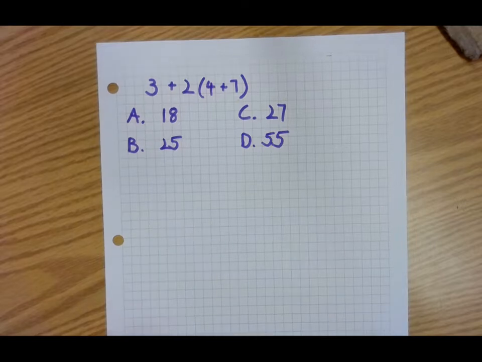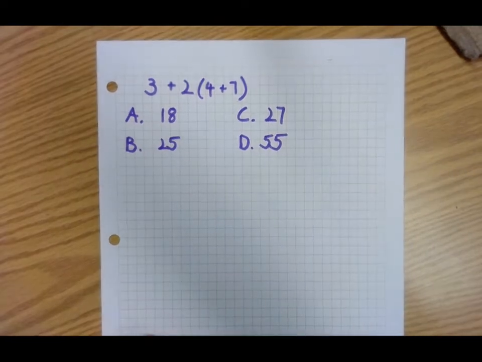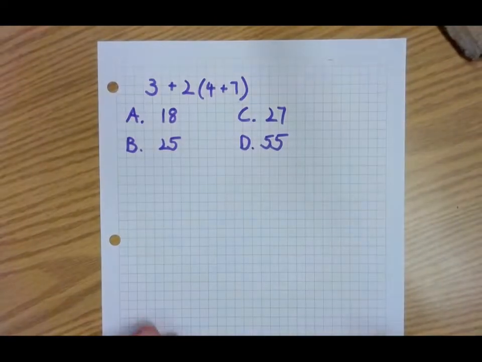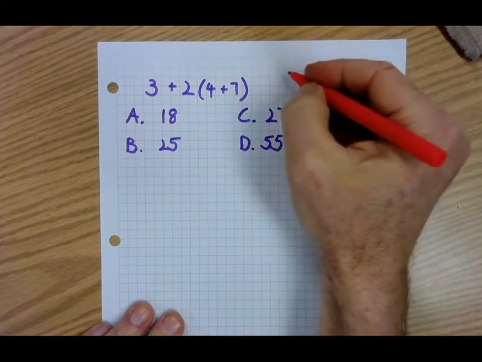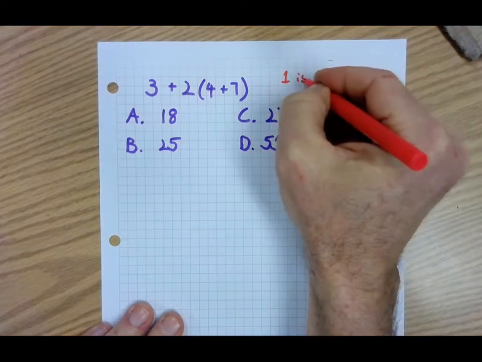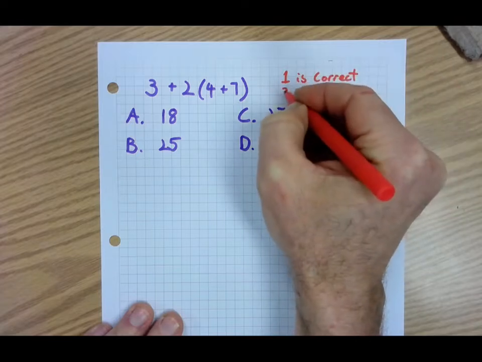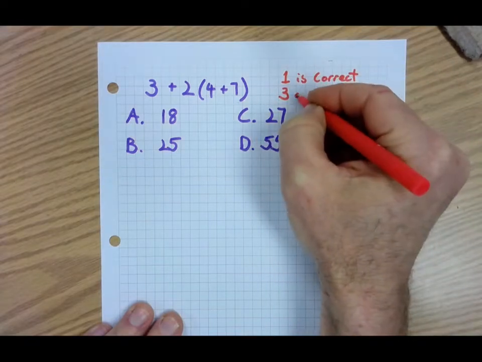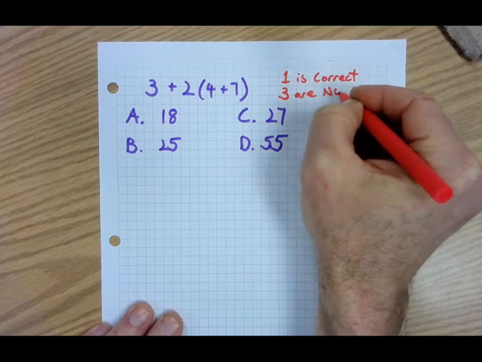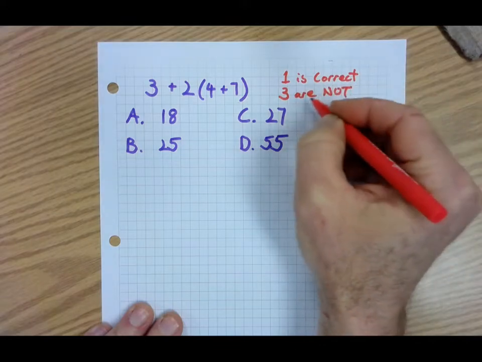Plus I asked you to get wrong answers, so that was the goal. All right, one of these is correct, so it's not a complete trick. 3 are not. Let's explain each one.